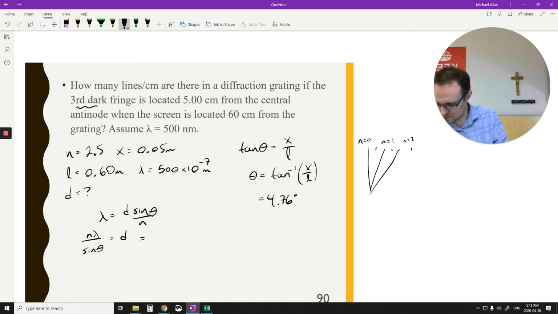We have everything there, so I'm just going to go 2.5 times my wavelength in meters, divided by the sine of the angle we just found.